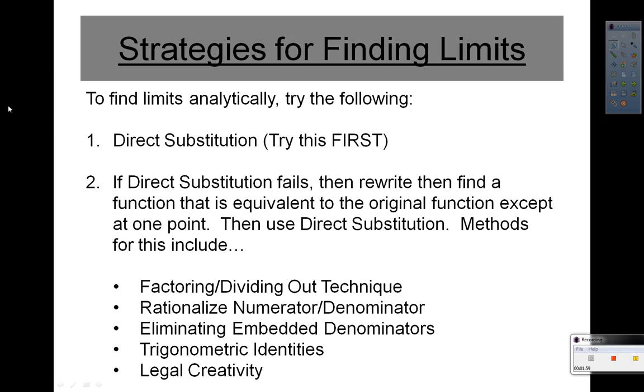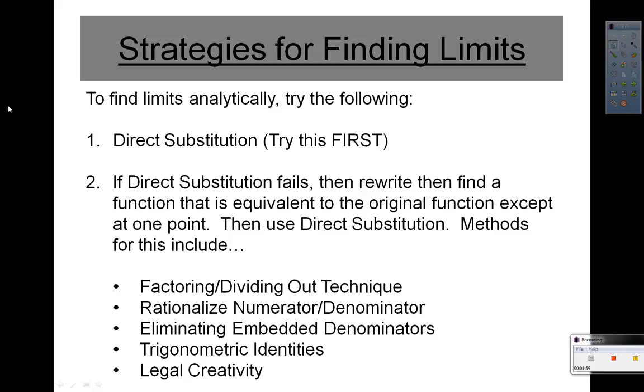Alright, so here are some strategies to help us find limits. To find limits analytically, try your tried and trusted method first: direct substitution. If direct substitution fails, then you're going to have to rewrite and find a function that is equivalent to the original function, except at that one point. Then use direct substitution.